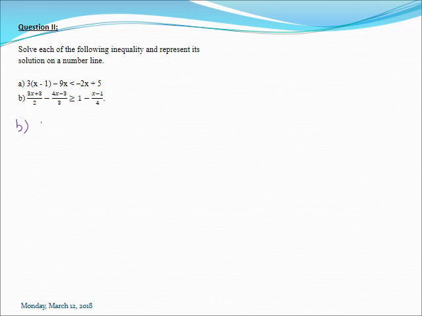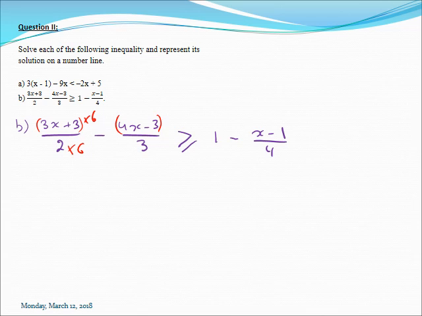B. 3x plus 3 over 2 minus 4x minus 3 over 3 greater than or equal 1 minus x minus 1 over 4. Same denominator, multiply here by 6 and here by 6, here by 4, here by 4, here by 12, here by 12, here by 3 and here by 3.